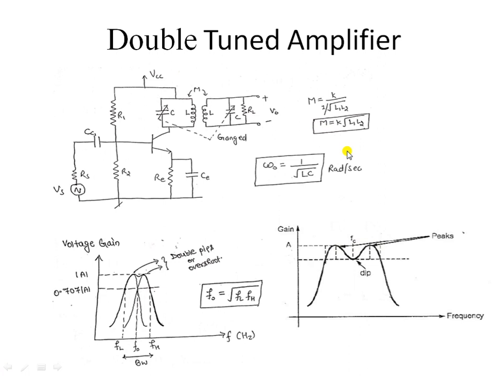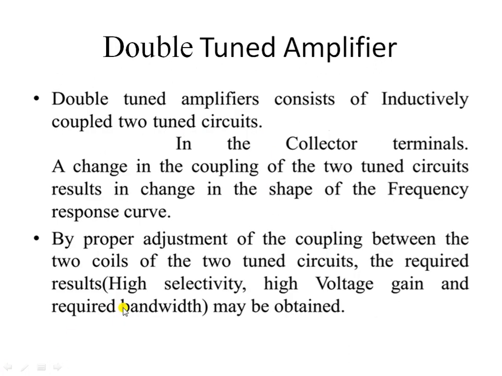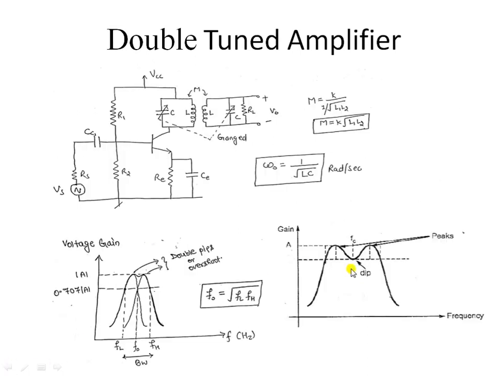It depends upon transferring the output from this place to this place, so it depends upon the mutual inductance, and the resonant frequencies also depend upon the values of L and C. By proper adjustment of the coupling between the two coils of the two tuned circuits, we can get the required result, whether high selectivity, high voltage gain or bandwidth. Depending upon the requirement, what amount of bandwidth and magnitude we want, accordingly we can set it.